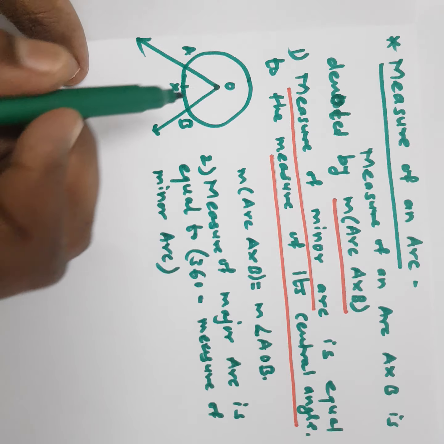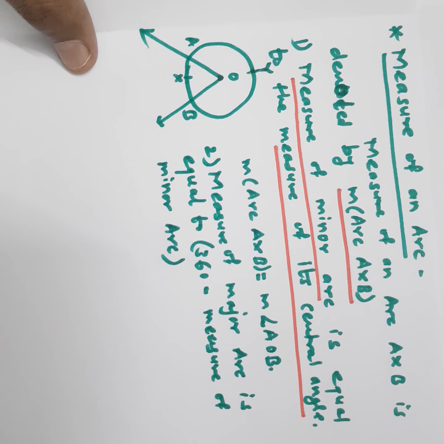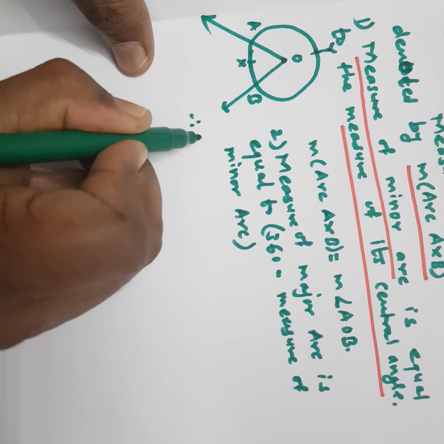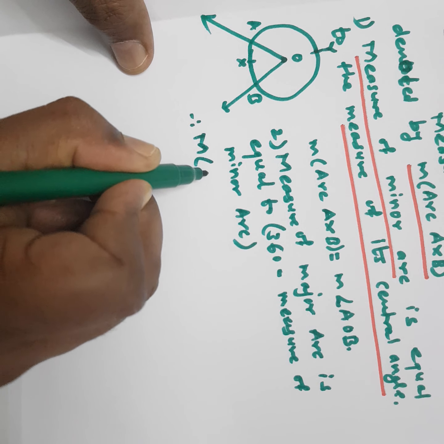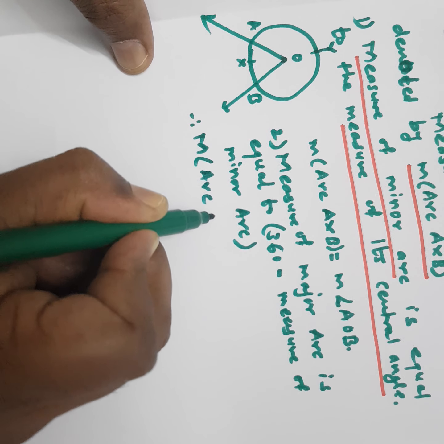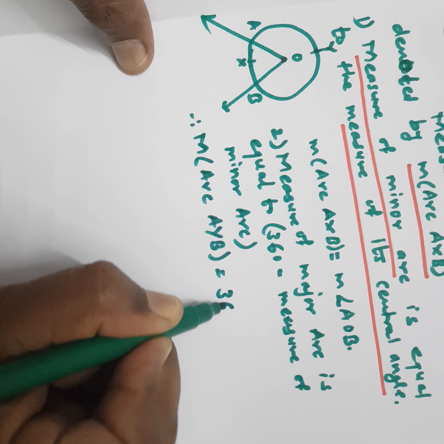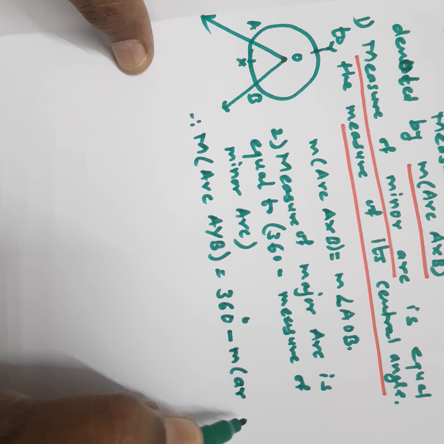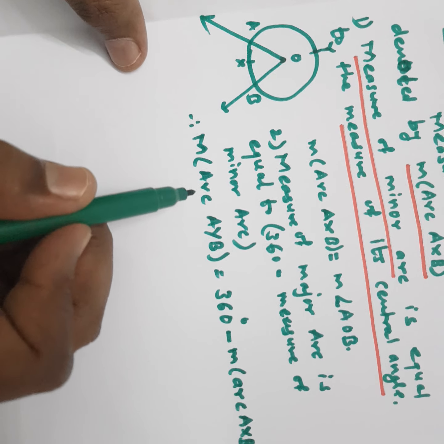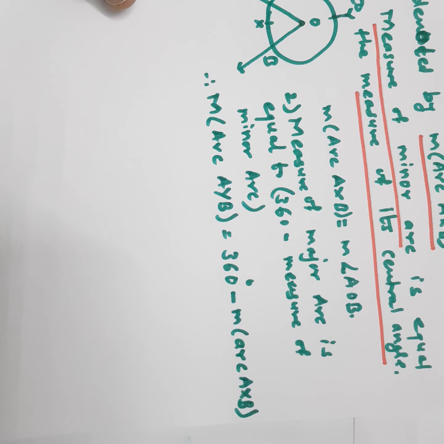Here, if AYB is the major arc, then the measure of arc AYB is equal to 360 degrees minus the measure of arc AXB. The measure of a major arc is equal to 360 minus the measure of the minor arc.